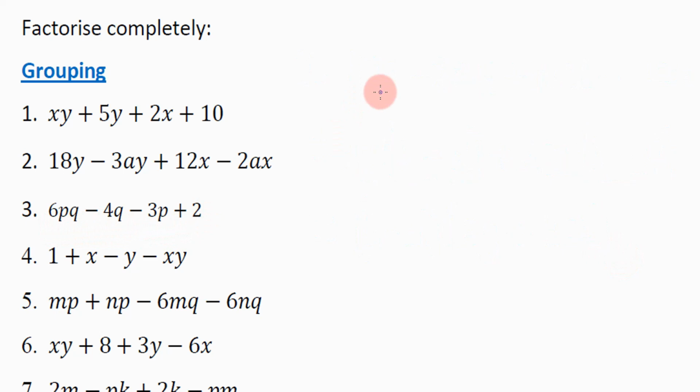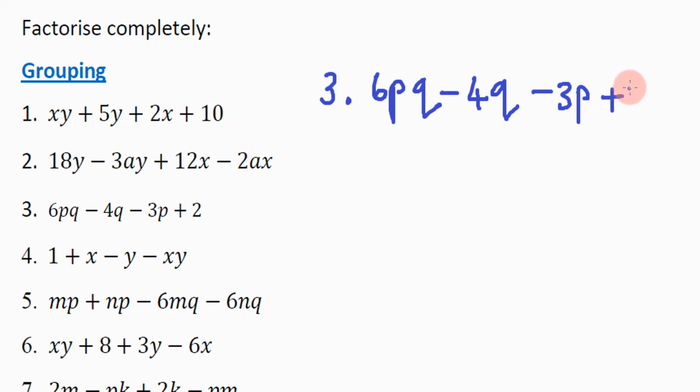So let's look at number 3. We have 6pq minus 4q minus 3p plus 2. We take out a common factor from the first 2 terms, and here the common factor is 2q.